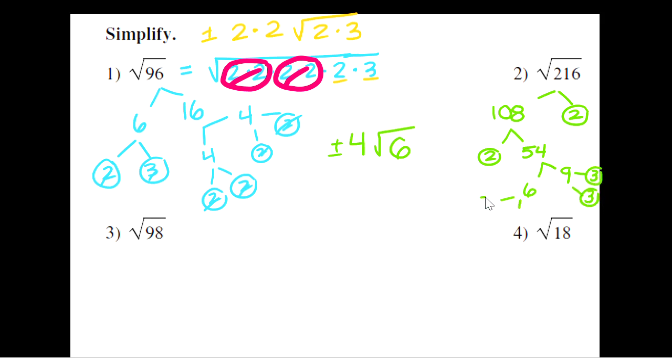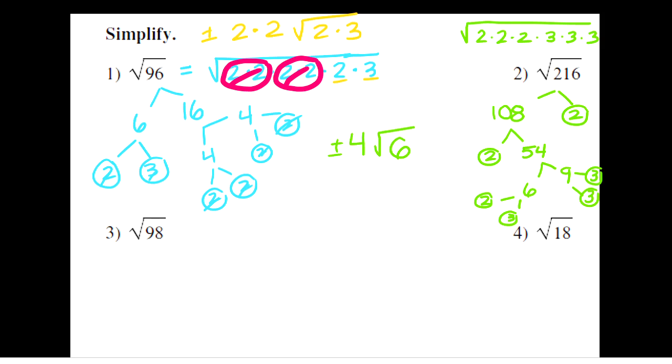And that 6 is going to become 2 times 3. So if we think about that prime factorization of 216, we got 3 2s, 2, 2, 2, and 3 3s, 3, 3, 3. 2 times 2 times 2 times 3 times 3 times 3.